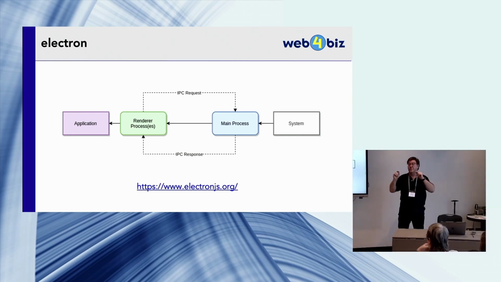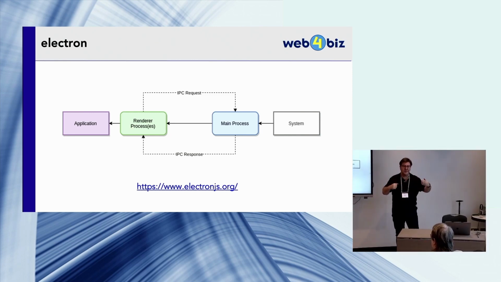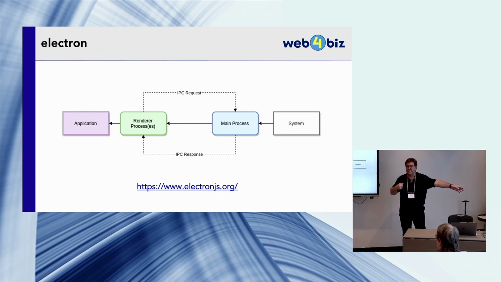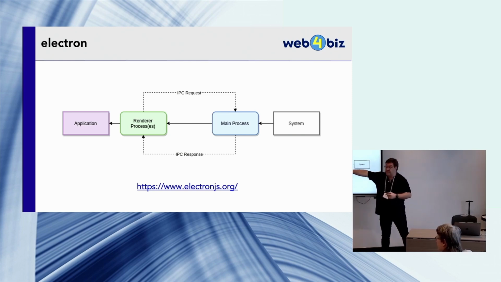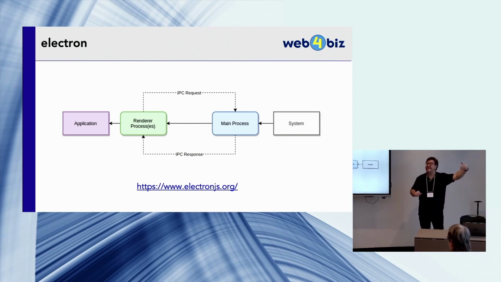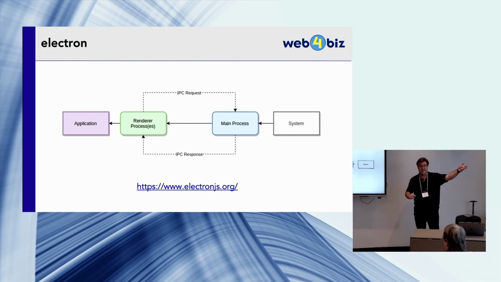And that's where we can say, okay, if we need something from the operating system, like a printer or to print directly something which would not be allowed from WebKit, we can do an IPC request to the main process. There is a normal node instance running, and this normal node instance I can enhance with whatever I want. Libraries from Node.js, whatever we are doing here, and from there I can go directly to the operating system. So this is not sandboxed, WebKit is.